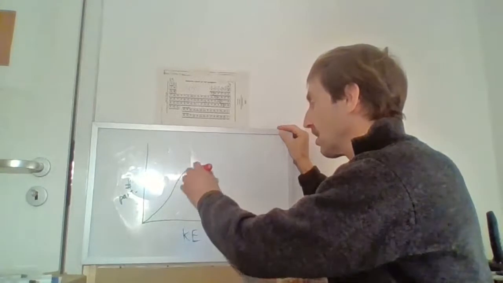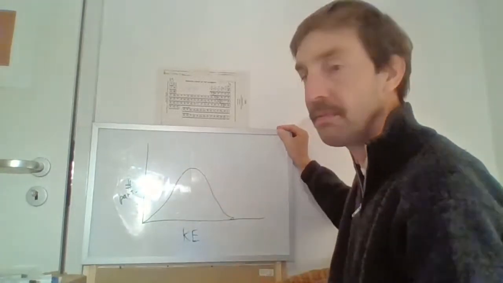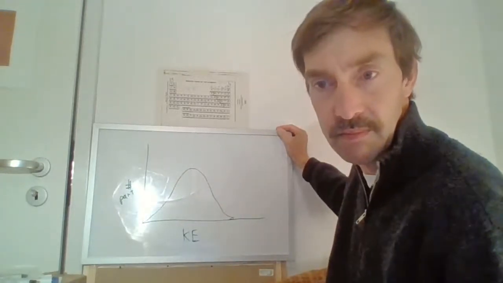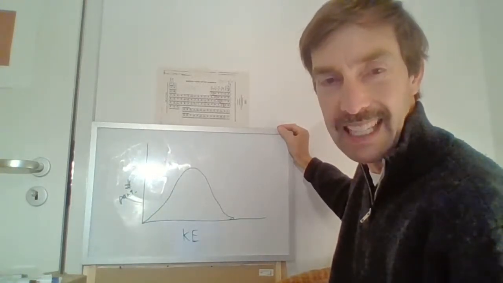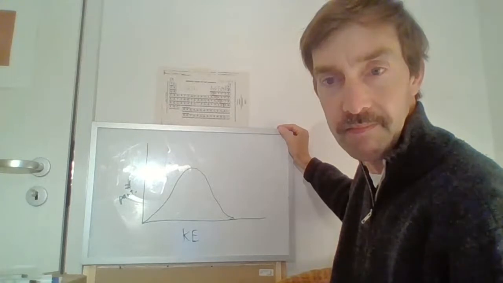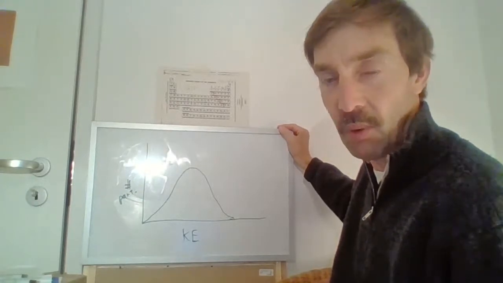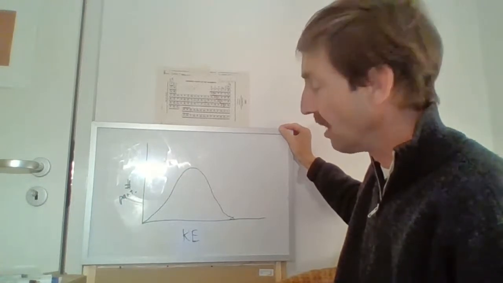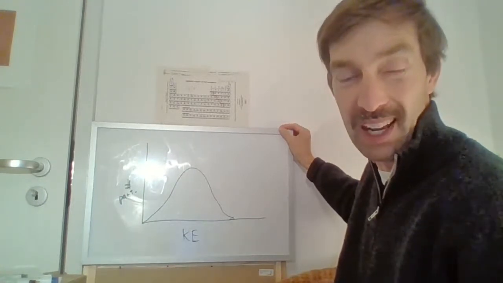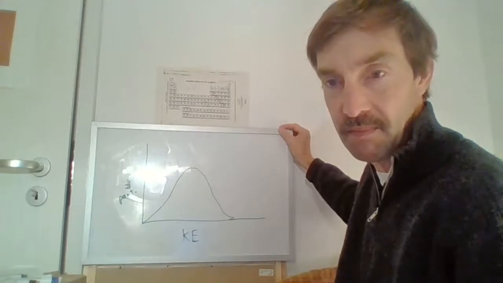What's that bump gonna do? I heat up the particles. So I'll wait for a couple responses from you folks. How will the diagram look different when I heat up these particles?